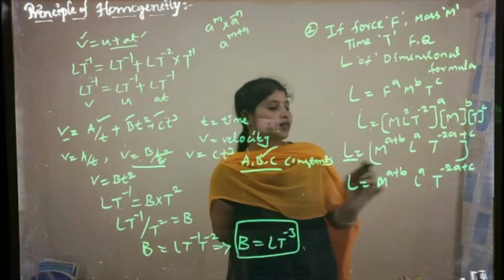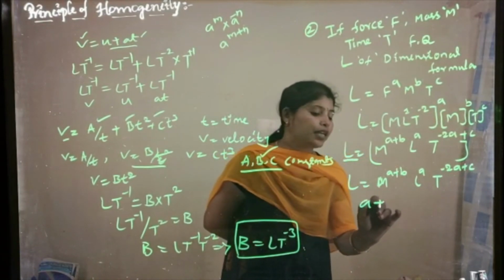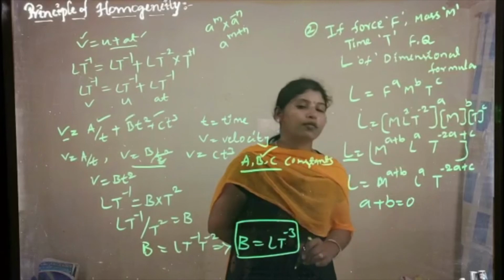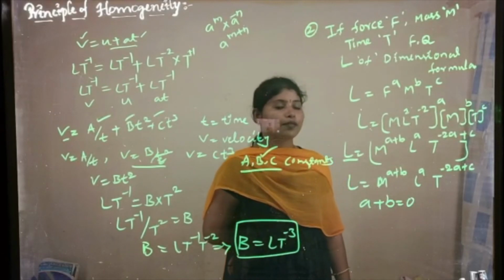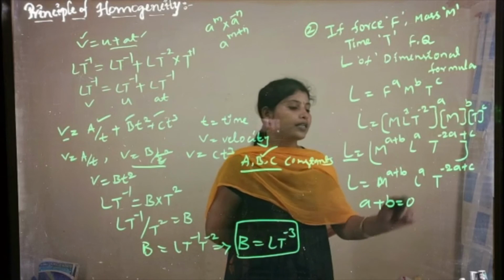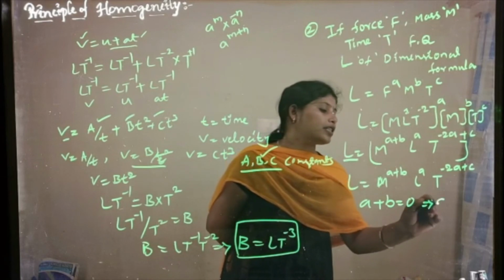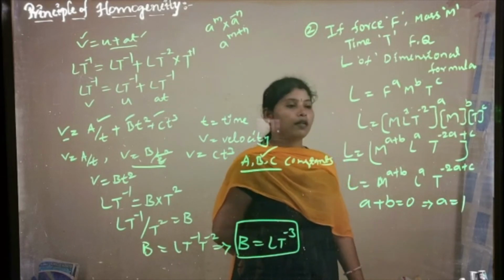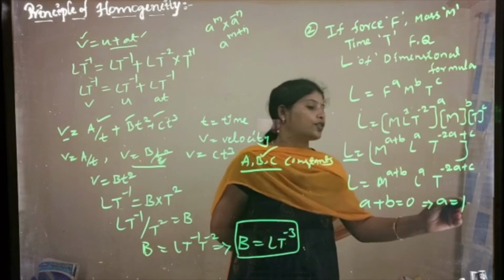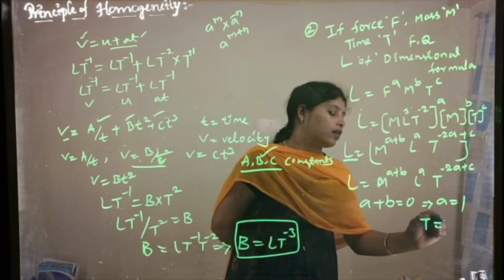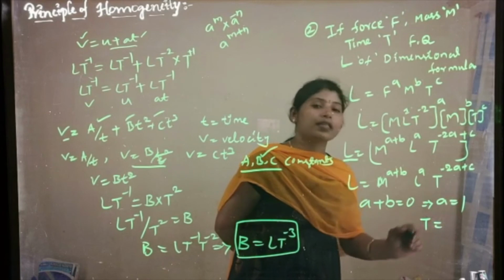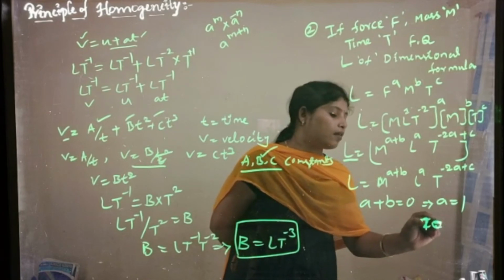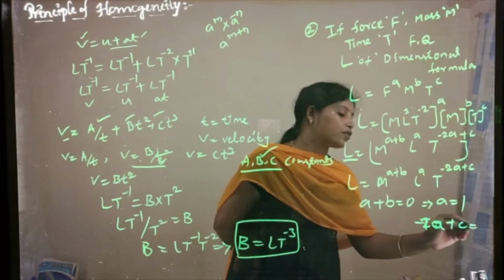Now a plus b equals 0, L power a equals 1, and minus 2a plus c equals 0. Why?